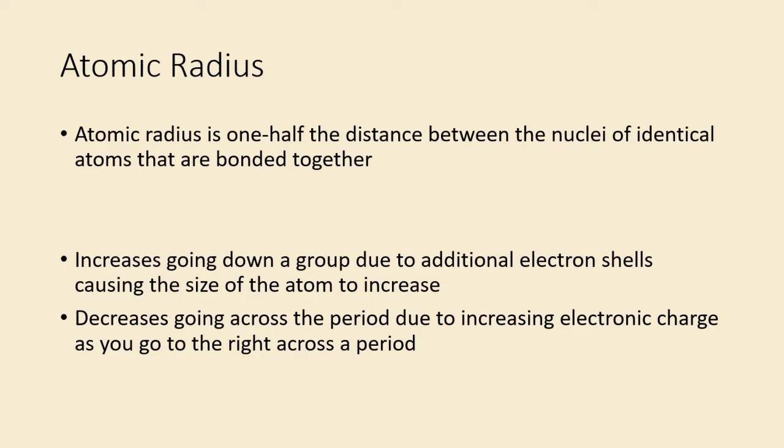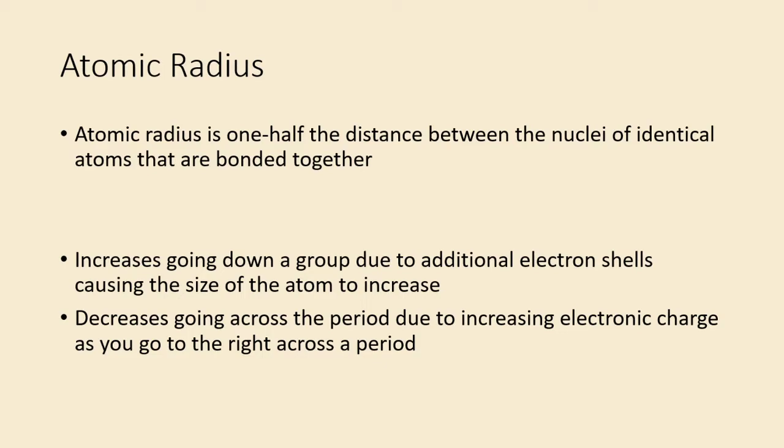I have two oxygen spheres bound together. The half distance between the center of each of those oxygen nuclei is going to be my atomic radius for that oxygen. For atomic radius, as I go down a group, we're going to see the size of my atomic radius increase due to us adding those extra electron shells.